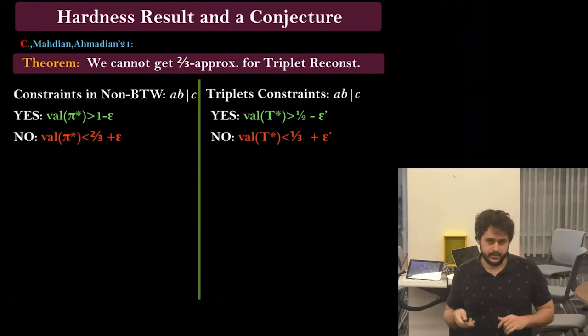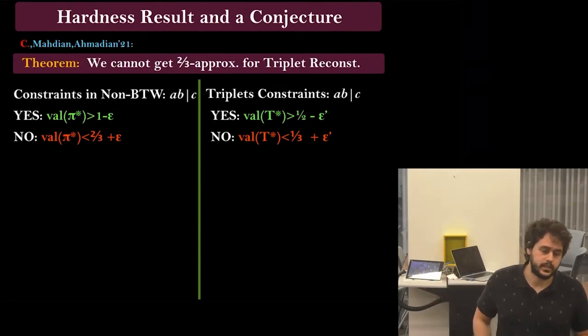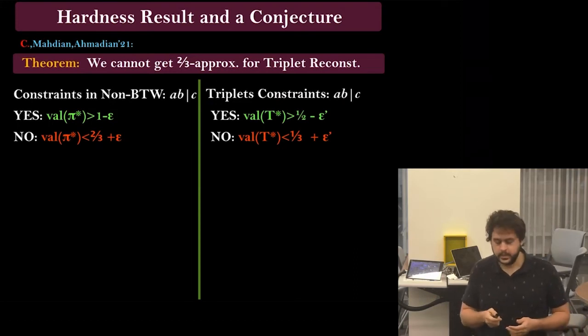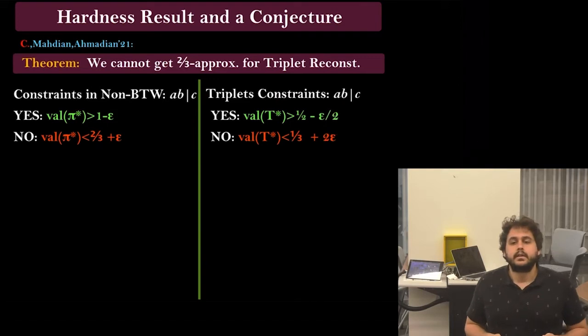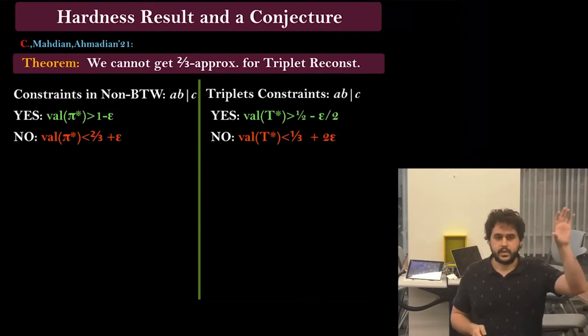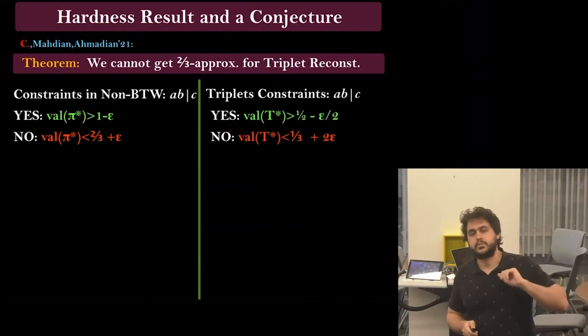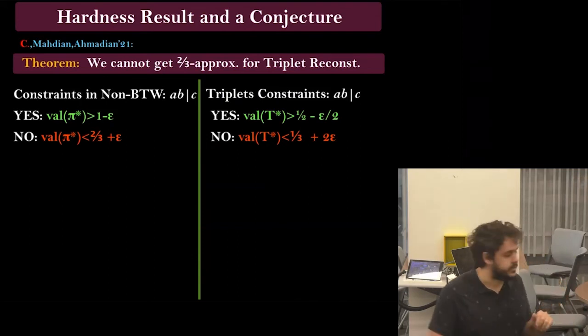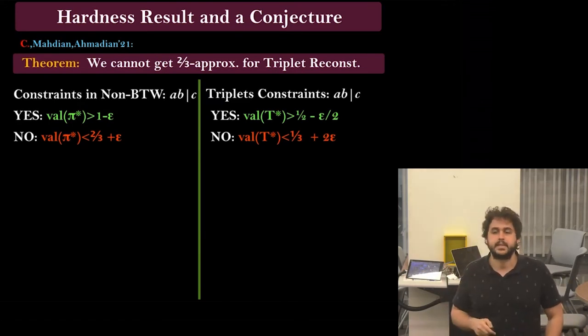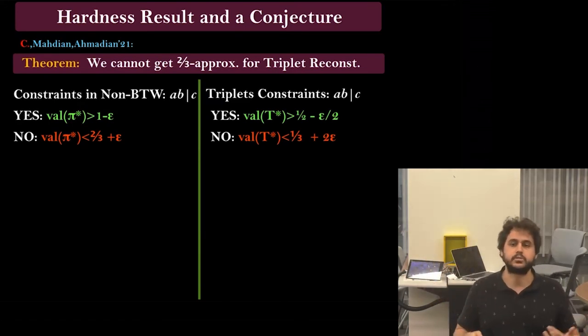And then the gap between these instances is 2/3, and that's what we will get. If we start with the non-betweenness instance, the reduction will spit out another triplet reconstruction instance with these parameters.